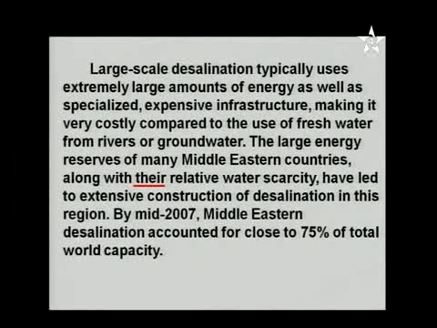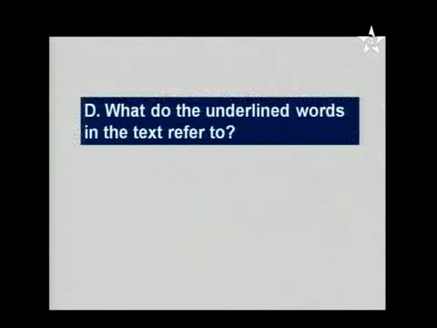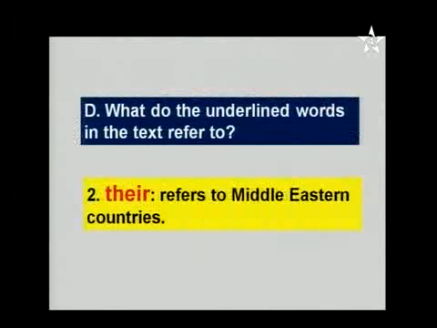The large energy reserves of many Middle Eastern countries, along with their relative water scarcity. Very good. It refers to Middle Eastern countries. So there refers to Middle Eastern countries. Fine. Now here is the way you write your answer. There refers to Middle Eastern countries.